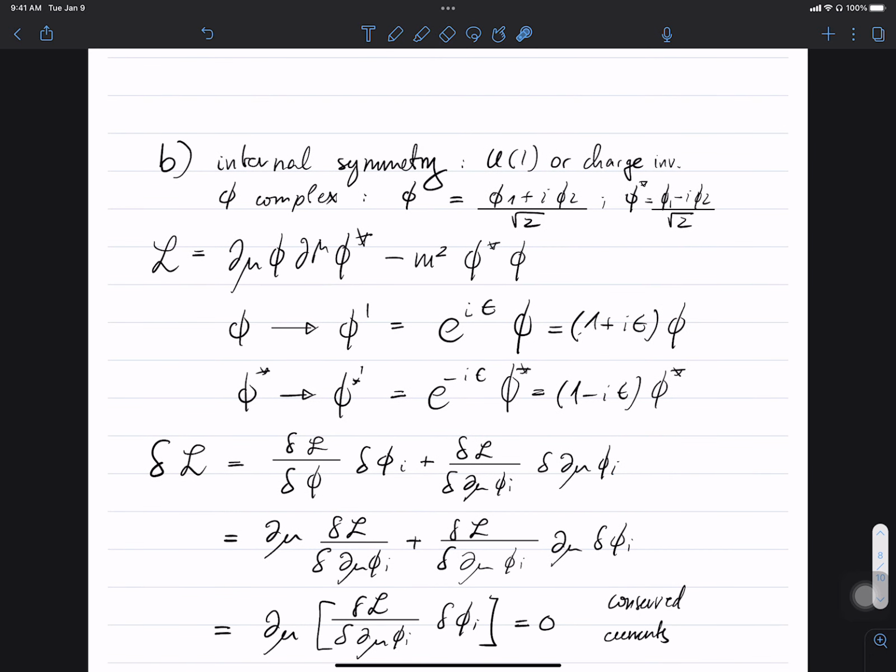Well, there are not only external symmetries like space-time, where you can push things around in space, but also internal symmetries which we can't really affect ourselves, but they are nevertheless symmetries of the theory. And this is the case for the so-called charge.